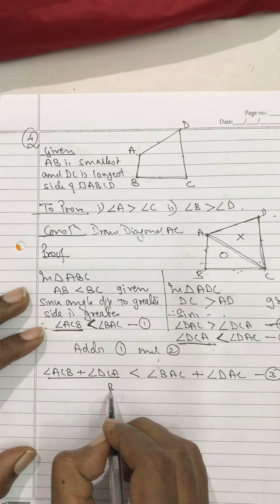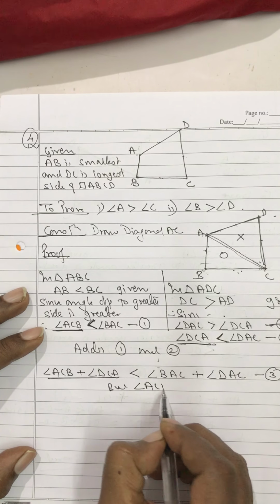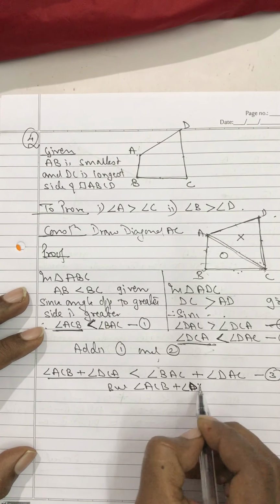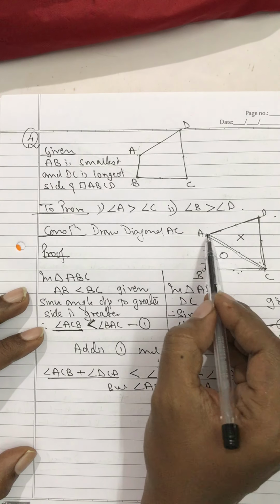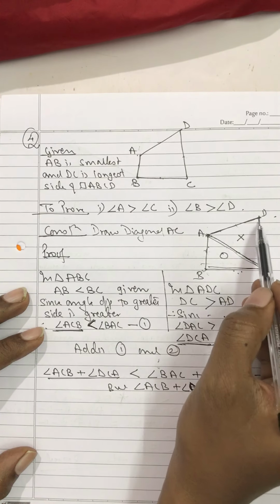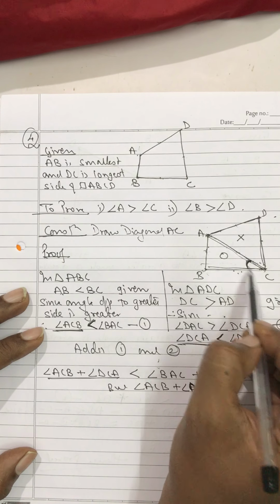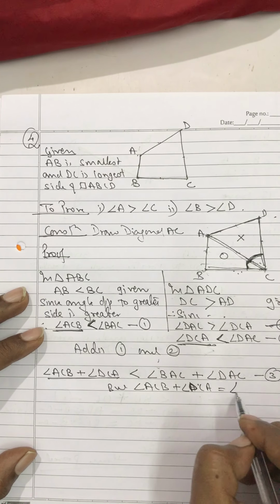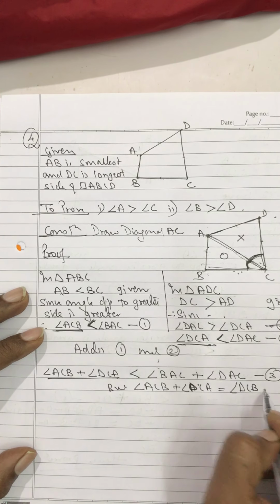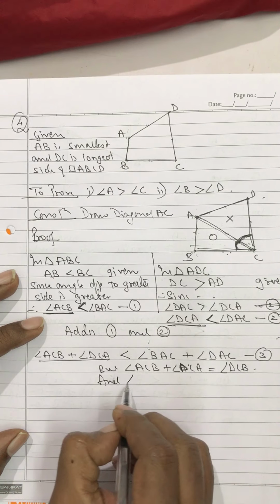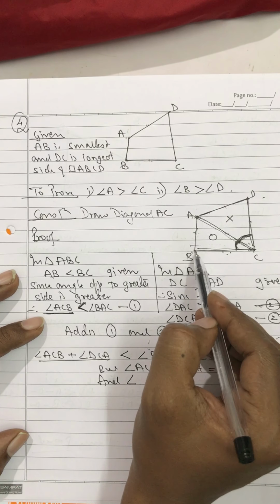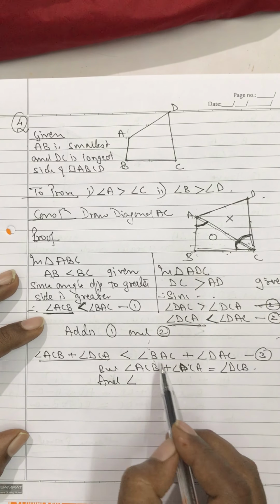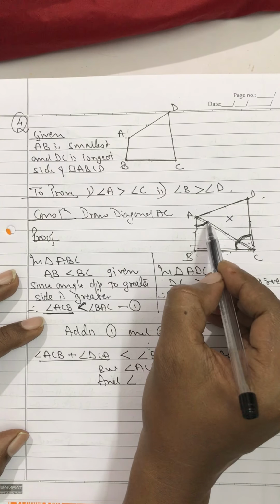But angle ACB plus angle DCA, if I add these two, this will be complete angle DCB. And BAC is this angle, BAC plus DAC, DAC is again this angle.